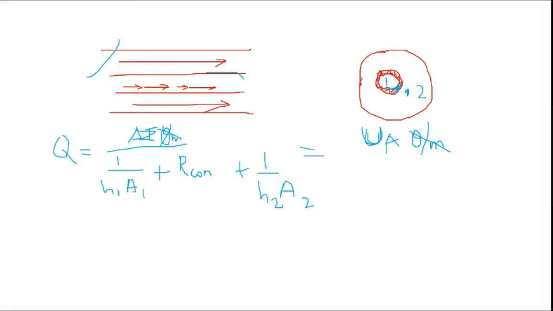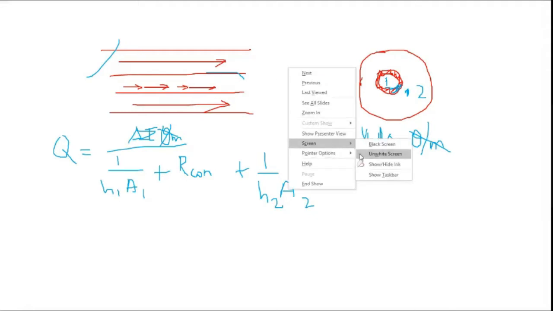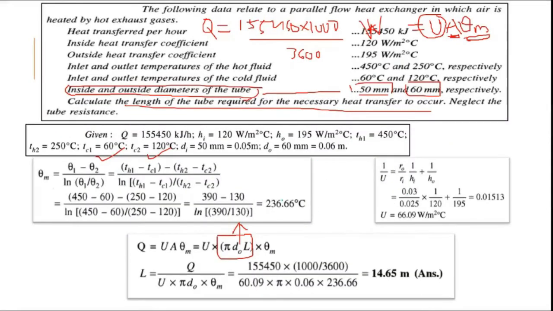So in the solution, they have considered the outside area, not the inside area. I'll just go back to the case. So here you can see that they are writing this relation as Q is equal to U A theta m, and this area value they are taking as pi multiplied by D naught multiplied by L. D naught is the outside diameter of the pipe.